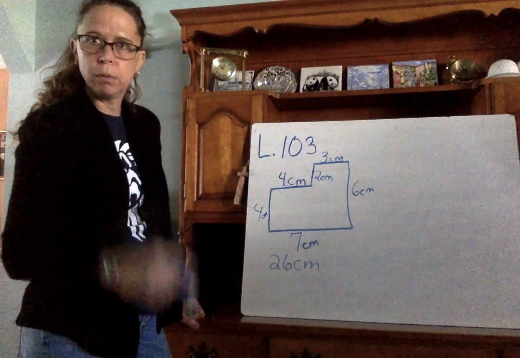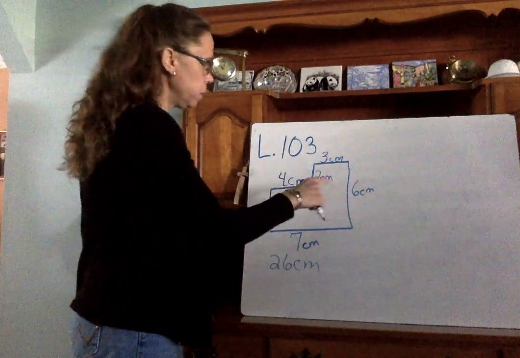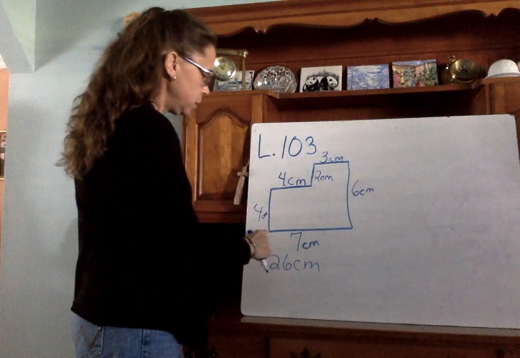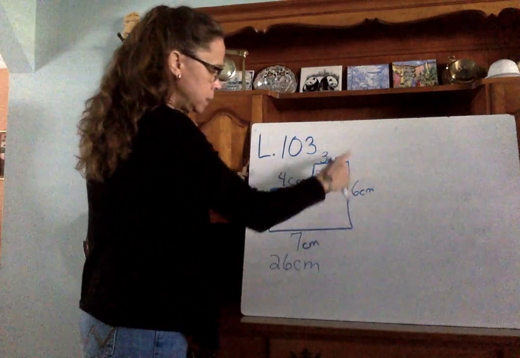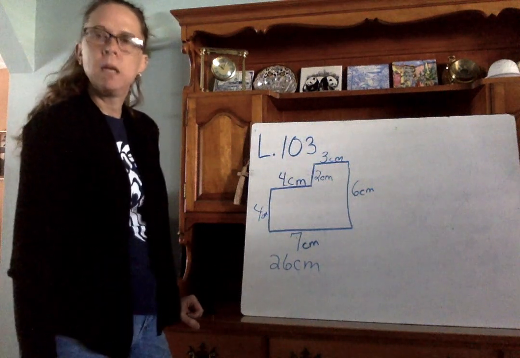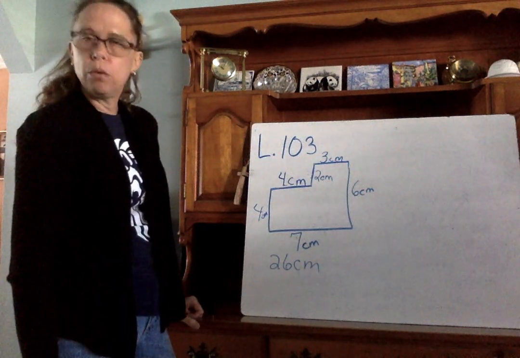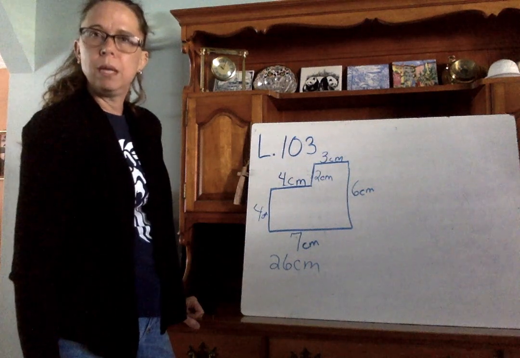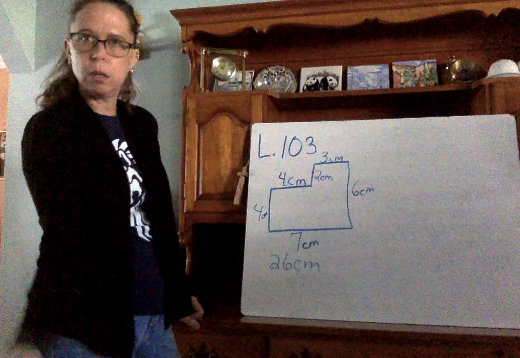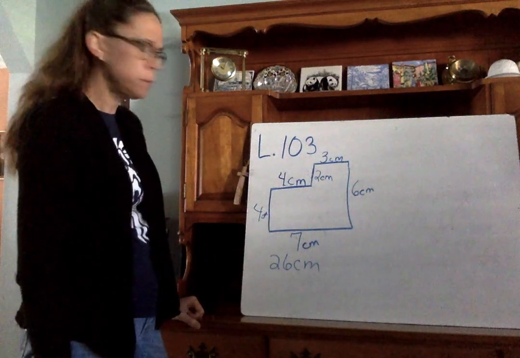Now I always double check myself, so I'll count it the other way. 3 and 2 make 5, 4 more makes 9, 4 more makes 13, 7 more makes 20, and 6 makes 26. 26 centimeters. So we're going to use what we do know to figure out what we don't know. I said it backwards.